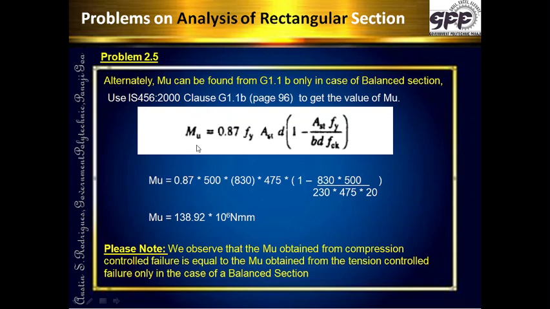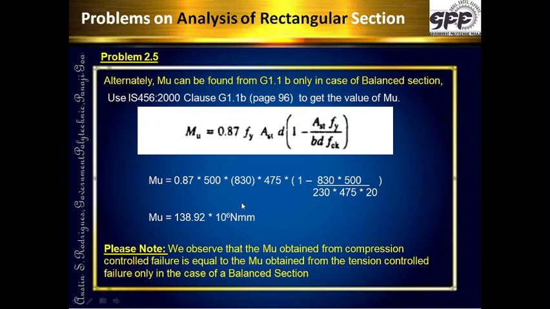So Mu is equal to 0.87, fy is 500, Ast has been given to us as 830, d is 475, bracket 1 minus Ast is 830, fy is 500, b is 230, d, that is the effective depth, is 475 and the grade of concrete is 20.